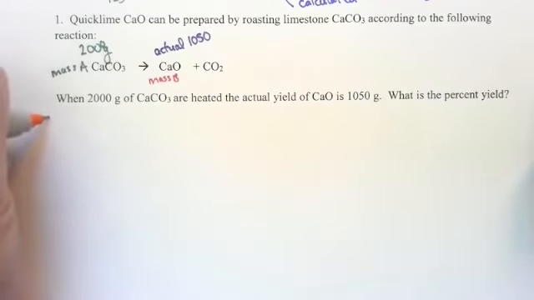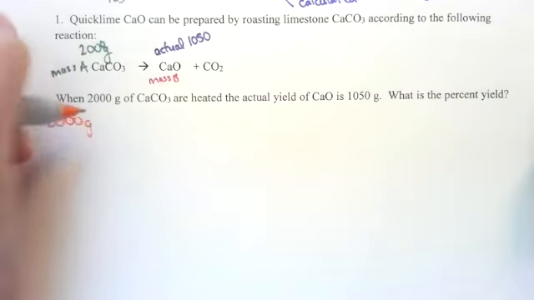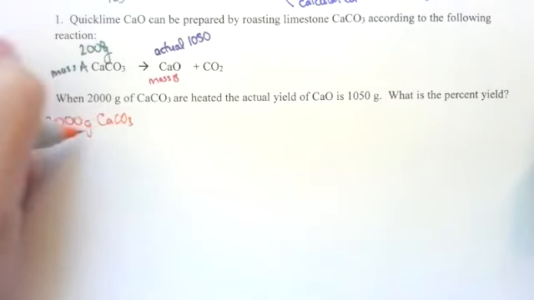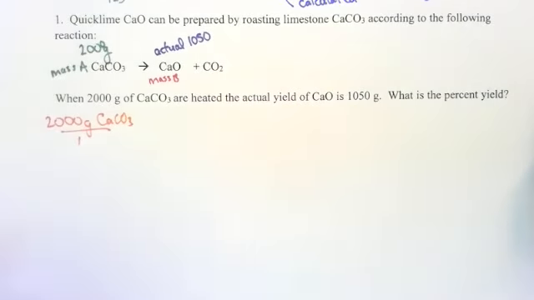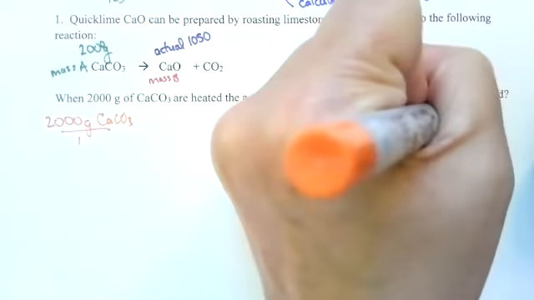Well, I'm going to start with 2,000 grams CaCO3, and that's going to go over 1. And I want to solve for grams of CaO.